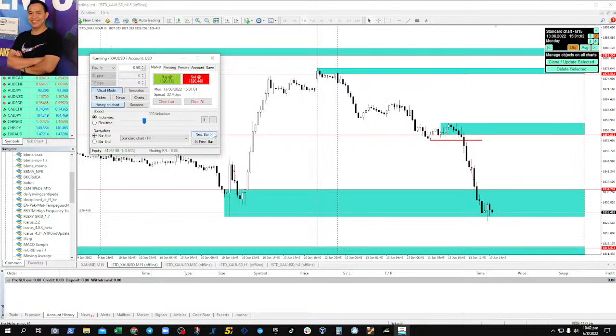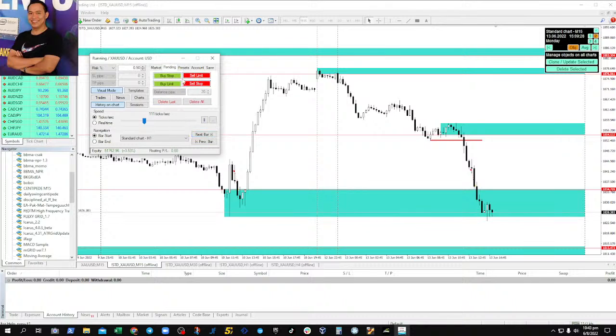Now it's 8 p.m. So we can see price is making a rejection here. However, it also formed a bullish pin bar, but as you can see here, price has not broken this bullish pin bar.